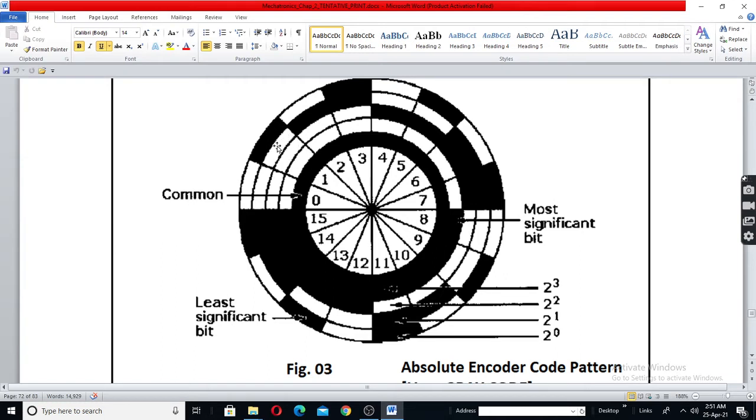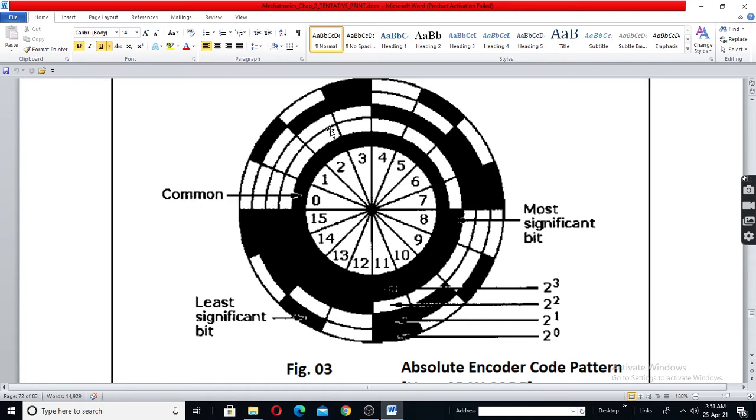Now the next inner track will give 4 pulses. From here to here 0, 1, second pulse 0, 1, third pulse 0, 1, fourth pulse. And this will give only 2 pulses.